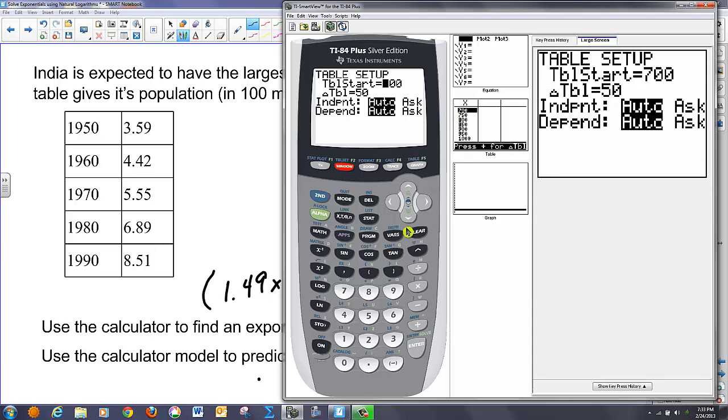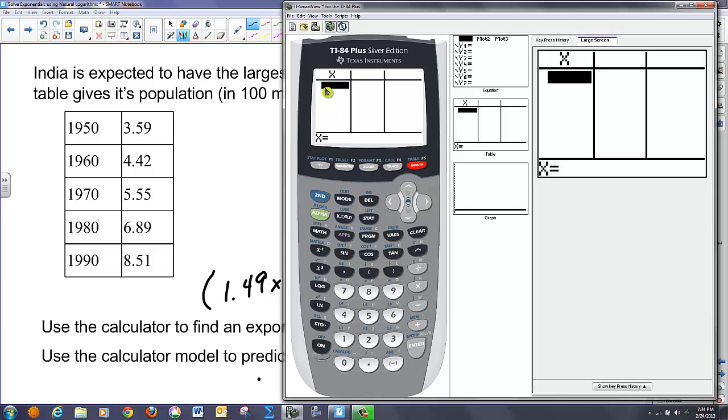Make sure your table set is set up to ask, and then we can go to our table from there. And you'll notice there's nothing in this table, and even if I plug a number in, there's going to be nothing in that table because I haven't plugged the equation into y equals. So we have to do that.